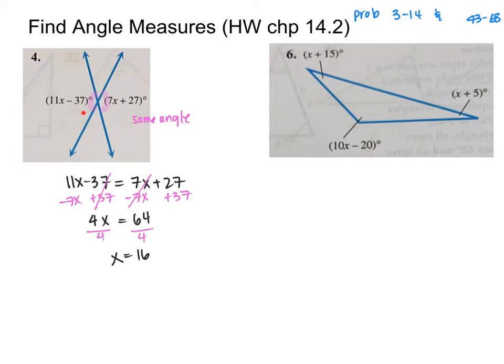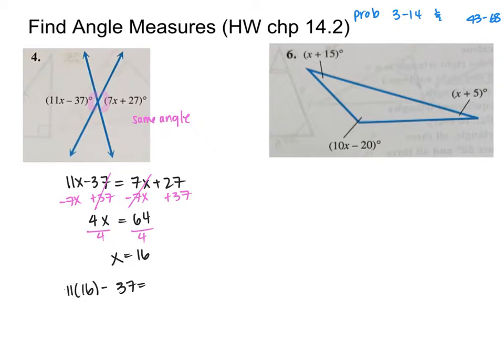It's not asking me for x. It's asking what is that angle there. So I got to take this x value, plug it back in, get the actual angle here. Same thing for this guy. Plug it in, get the actual angle from here. So I'm going to do that on this side here. So 11 times 16 minus 37.